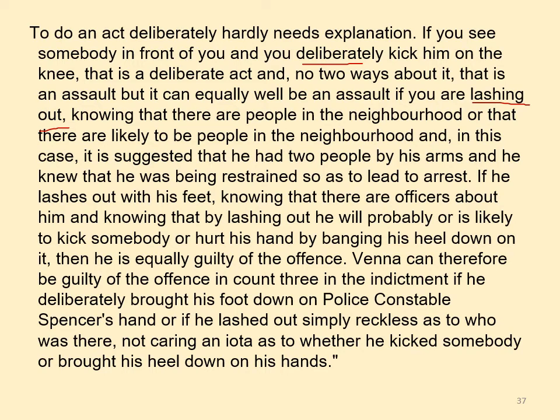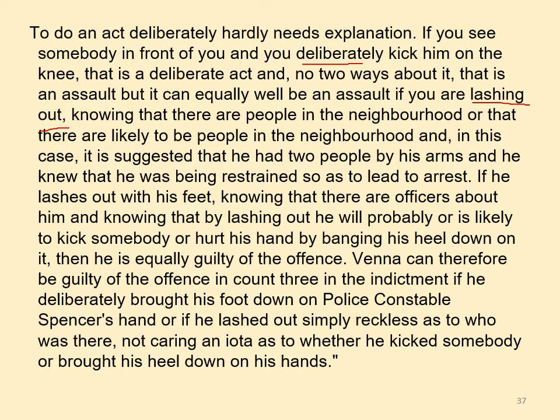If he lashes out with his feet, knowing that there were officers about him and knowing that by lashing out he would probably or likely to kick someone or hurt his hand by banging his heel down on it, then he is equally guilty of the offence.